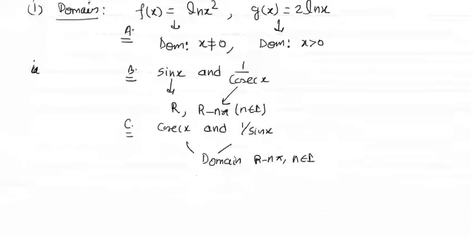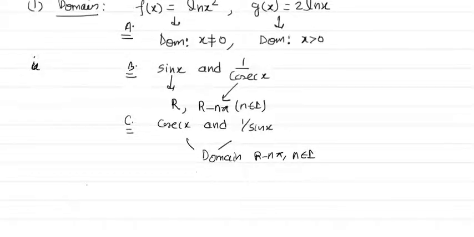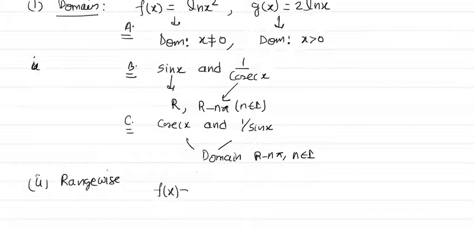Now this point is clear, domain wise. Now the second point, range wise. Range wise also the functions should be the same. Consider fx is equal to x and gx is equal to mod x.